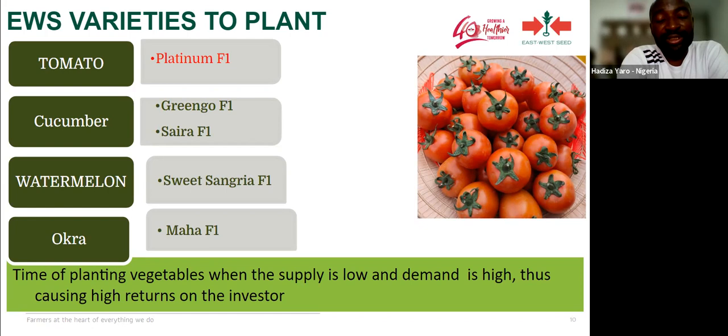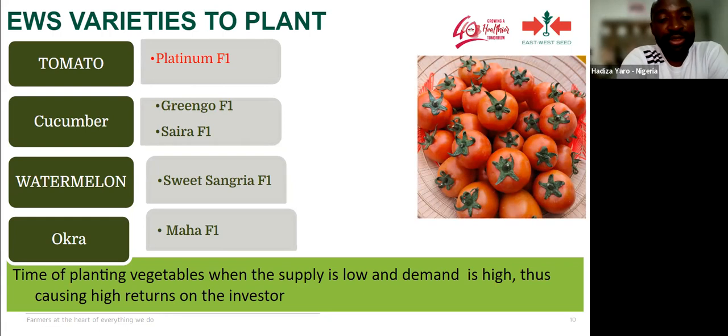Let me just explain a bit on the timing of planting, which is the off season. The time of planting vegetables when the supply is low and the demand is high. That is the off season, and in producing at such time, you can have a lot of money.